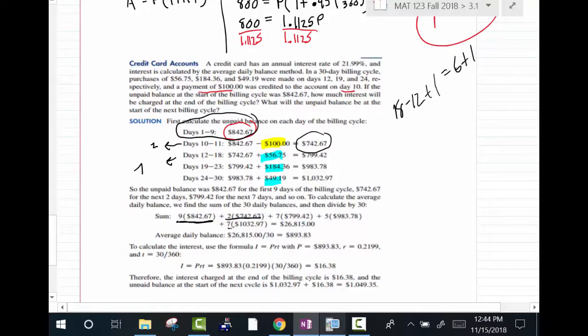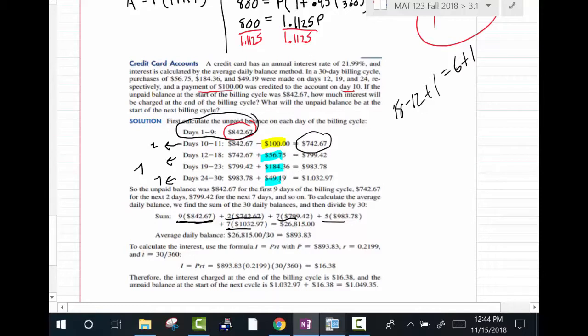So for 7 days, your daily balance went up because you bought something. Then days 19 through 23, that's 5 days. You bought something, so your balance is now up to $983. And finally, the last 7 days, you also added because you bought something.